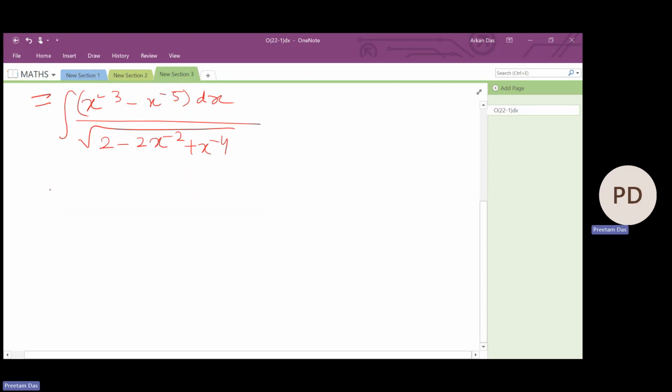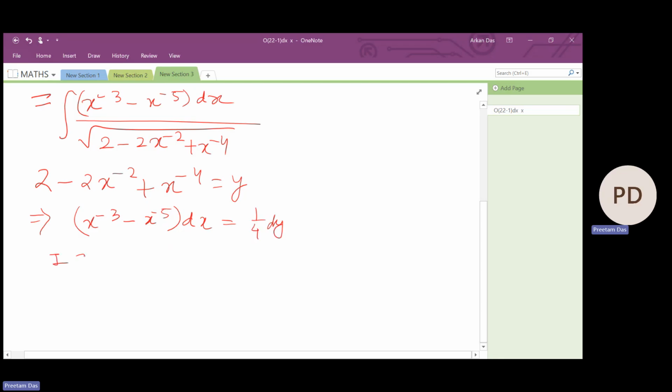Now let 2 minus 2x raised to minus 2 plus x raised to minus 4 equals y. So what happens after you differentiate and simplify? You get x raised to minus 3 minus x raised to minus 5 dx equal to 1/4 of dy. So what will your integration reduce to now?